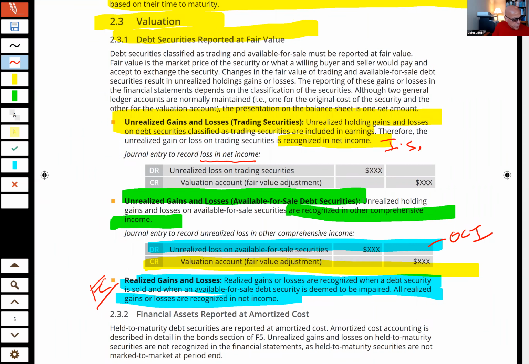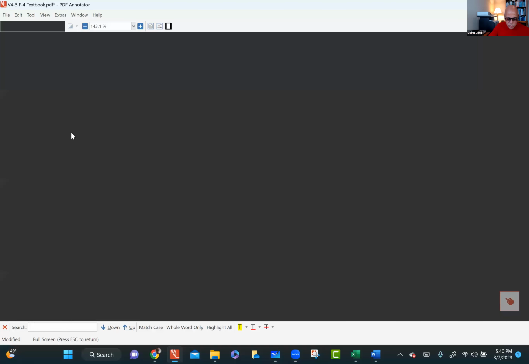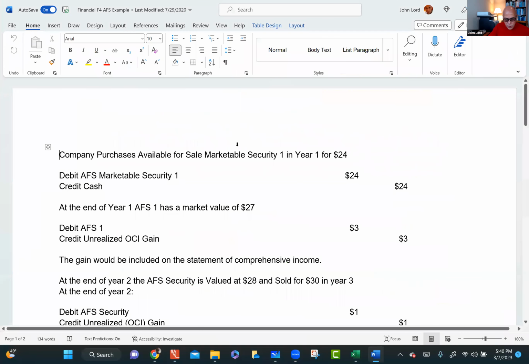Now, I'm going to show you an example for dealing with an unrealized gain and loss on an available for sale security, just to review that process. The book, Becker, has an example too, but I feel like their example goes way overboard and is too complex for what we need here. So I'm just going to go through this simpler one that I put together.